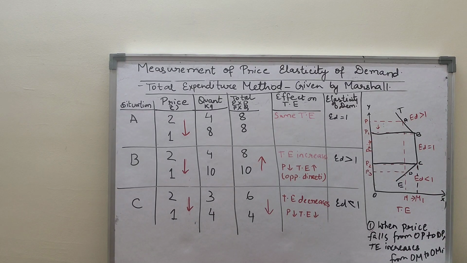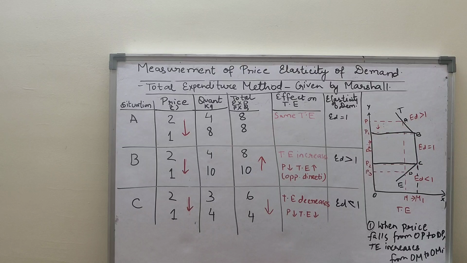Clear? Now, children, what I can see here is that between the T and B zone, elasticity is greater than 1. Between the B and C zone, elasticity is equal to 1. Between the C and E zone, elasticity is less than 1.